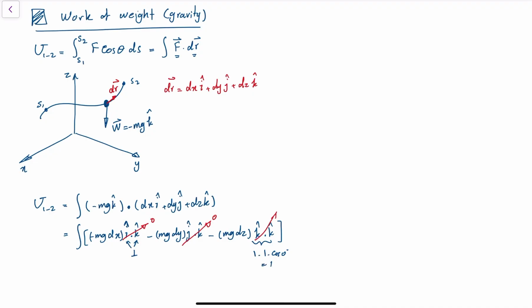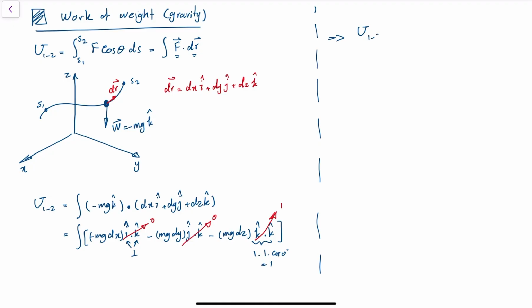So k dot k is always 1, as are i dot i, j dot j, and k dot k. They all equal 1.